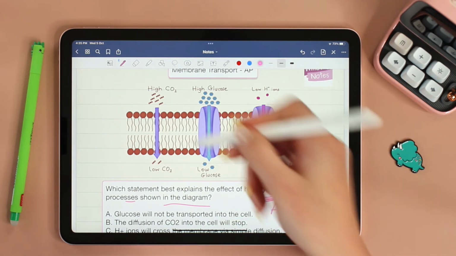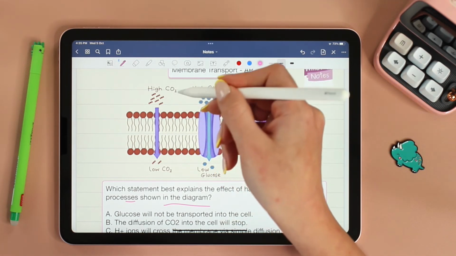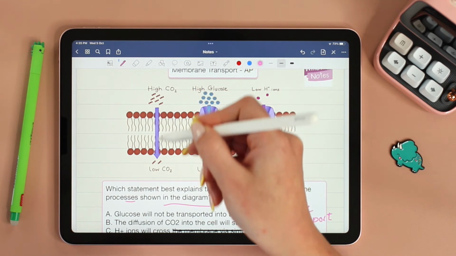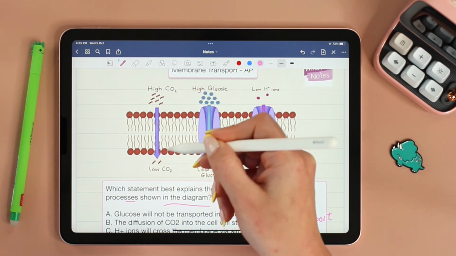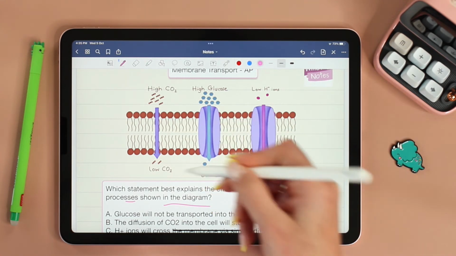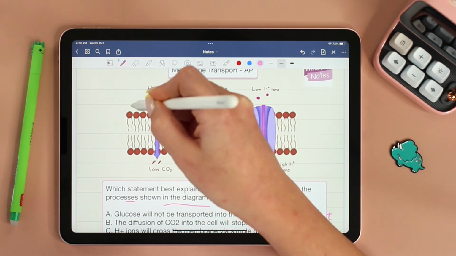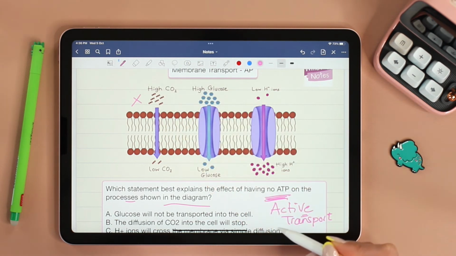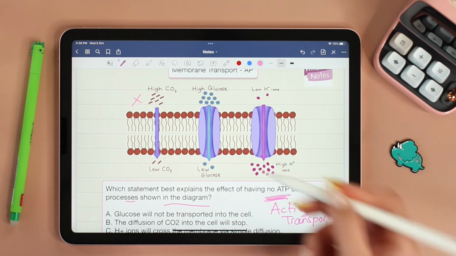At this point, you look at your first choice. It's CO2. CO2 is crossing through simple diffusion. Simple diffusion does not require ATP. So whatever choice we're going to choose should not have anything to do with CO2. Even if you don't know what the mode of transport for glucose is, just look at the diagram.